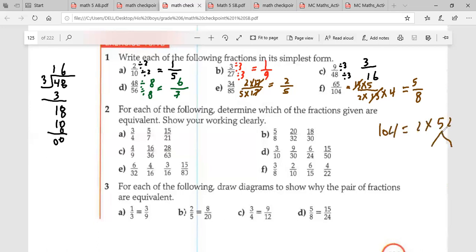I take 52, I find 2 multiplied by 26, and I know that 26 is 2 multiplied by 13. I know this number contains 13, so the common factor between them is 13. I divided by 13 and by 13 and get the answer. Okay, 5 over 8.